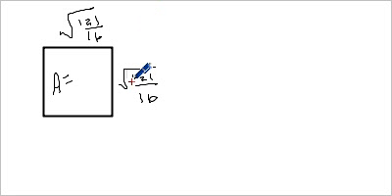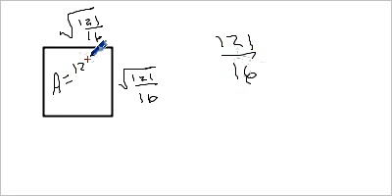If we multiply the square root of 121 sixteenths by the square root of 121 sixteenths, we end up with 121 sixteenths. So that's the area of this square.